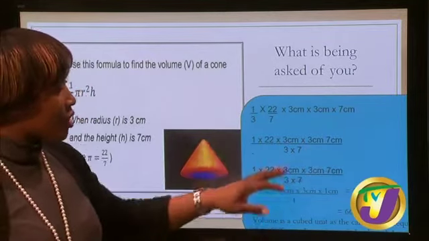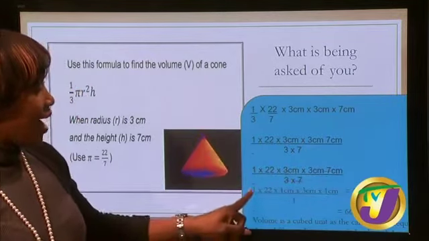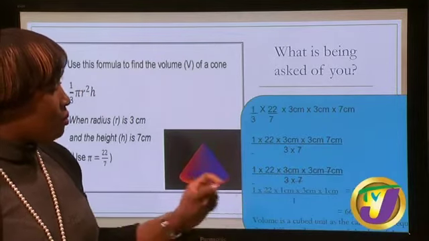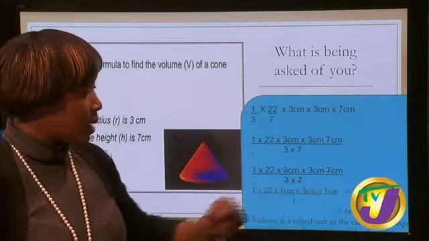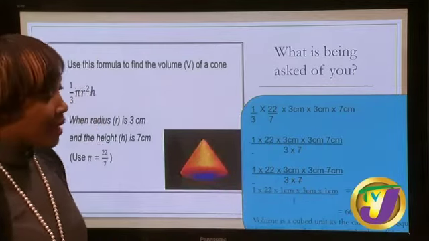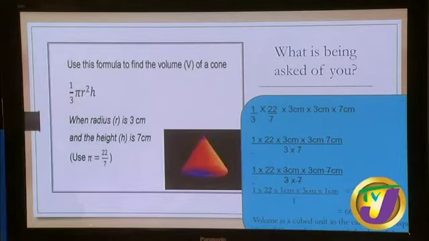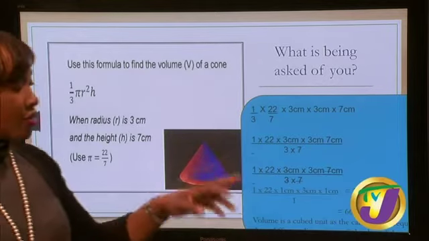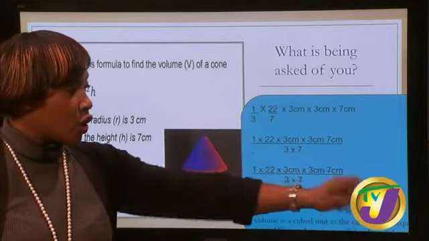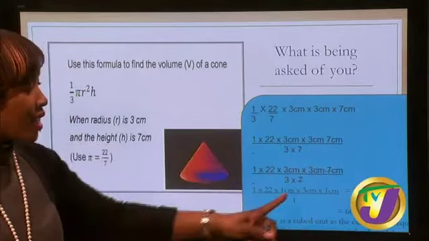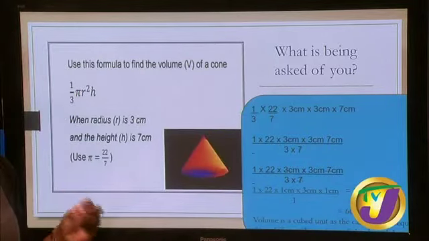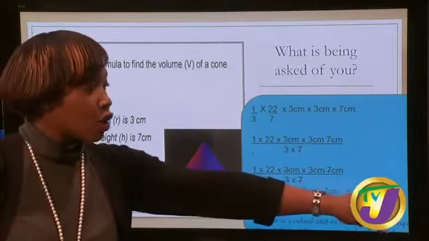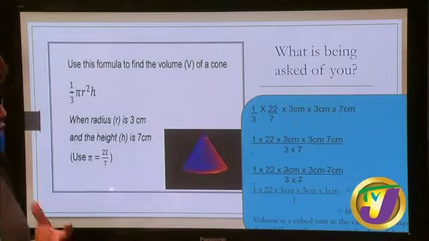After factoring out the 3 and the 7, I now have 1 multiplied by 22 multiplied by 1 centimeter multiplied by 3 centimeter multiplied by 1. When I do that calculation, I will have 22 multiplied by 3 centimeter cubed, because I would have had 1, 2, 3 dimensions in centimeter to give me that cubed value.